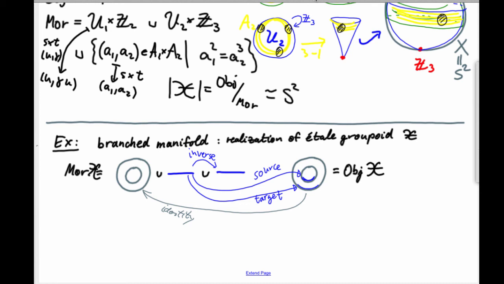So let's see what our realization is. Well, I'm supposed to take this topological space and identify points between which there is a morphism, which is exactly, I'm supposed to identify that interval with this interval.